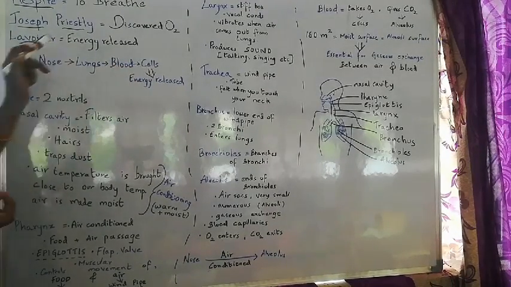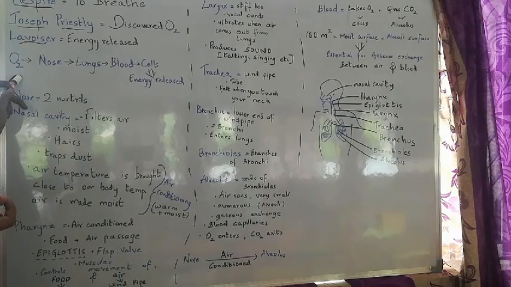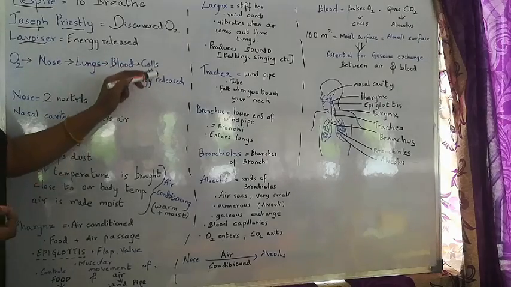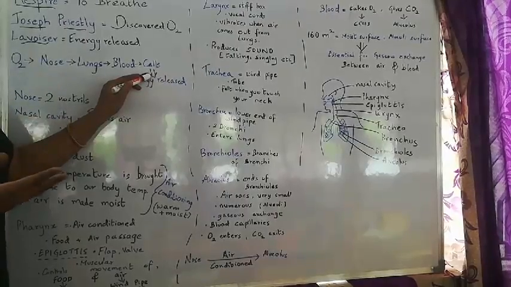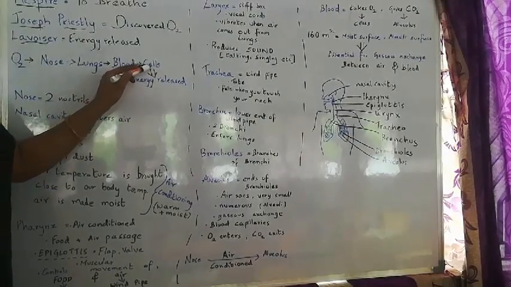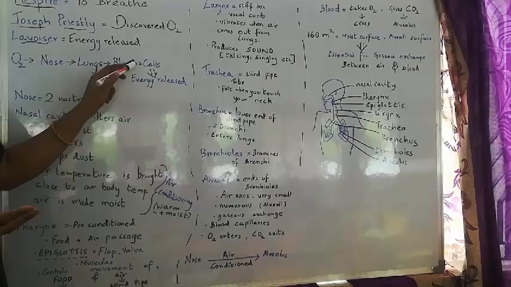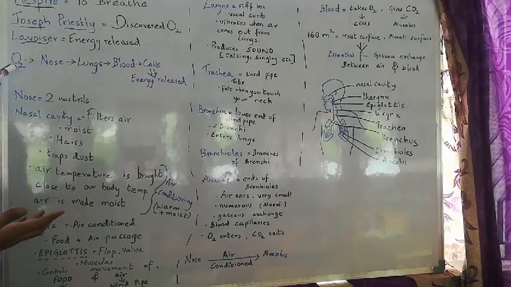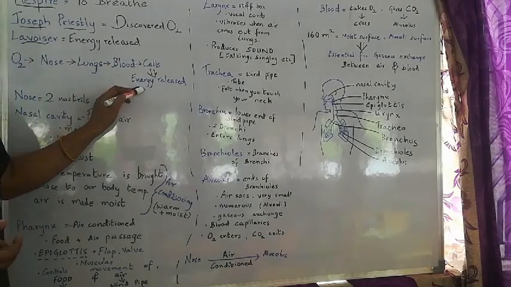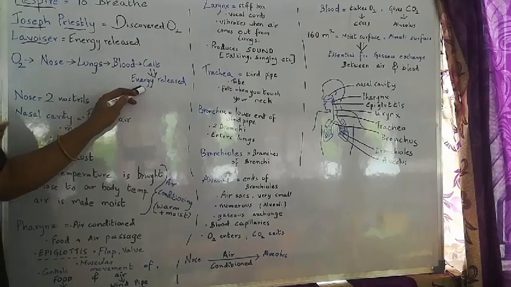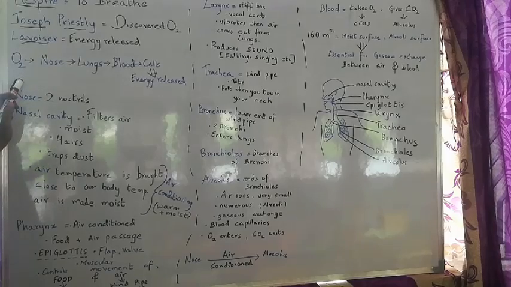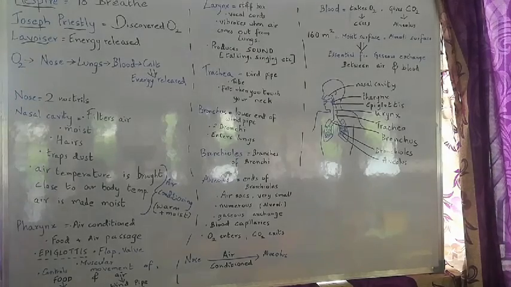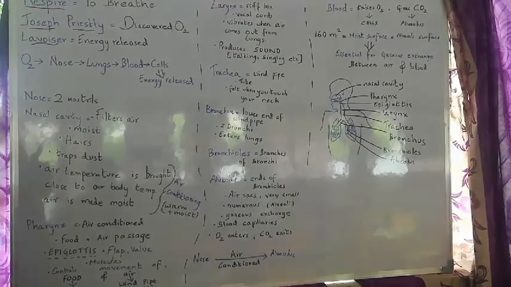Each cell is supplied with this oxygen so that many life processes happen inside the cell, and to perform those life processes, the cells need oxygen to produce energy. Where is energy produced? Inside our cell, right? To produce energy, we require oxygen. Now, let us see each pathway in detail.